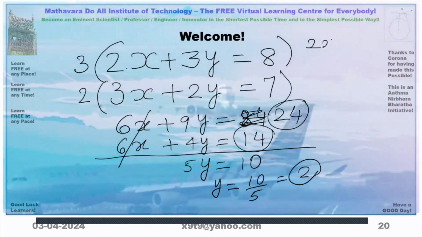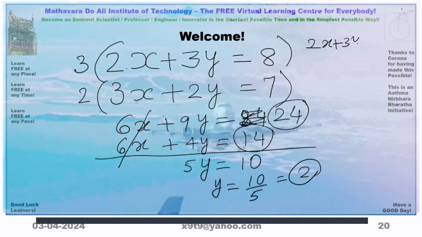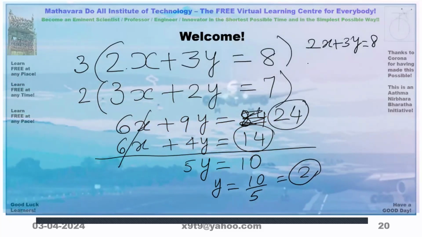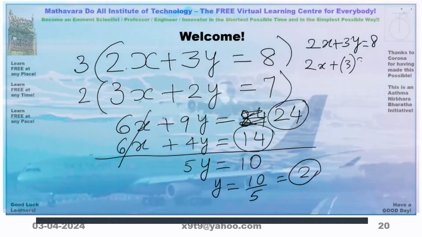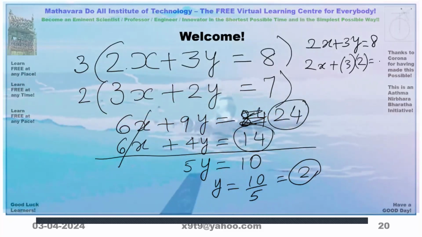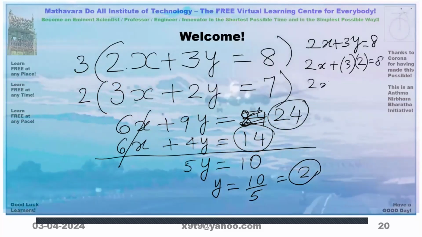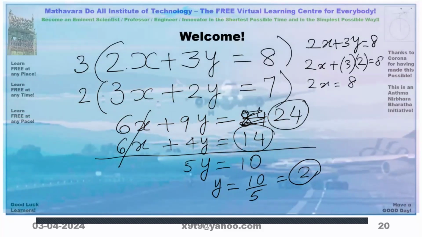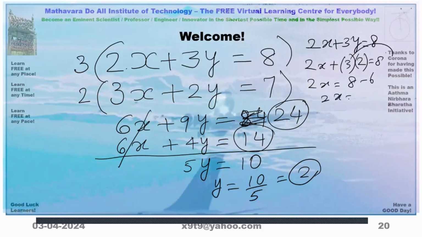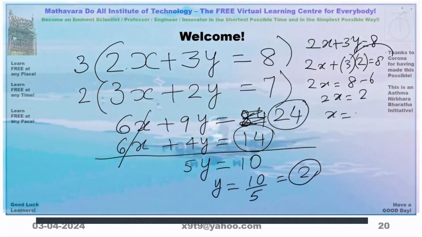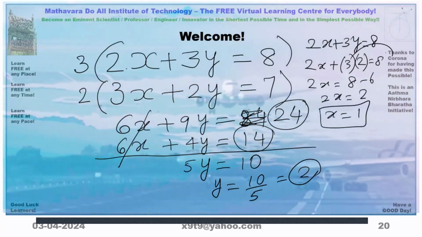Suppose we take 2x plus 3y is equal to 8. 2x plus 3 into 2 is equal to 8. So 2x is 8 minus 6, so 2x is equal to 2. So x is equal to 1.